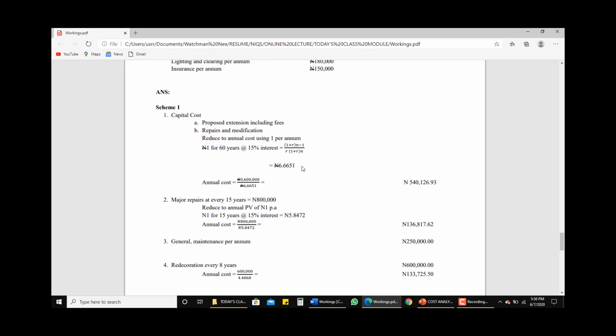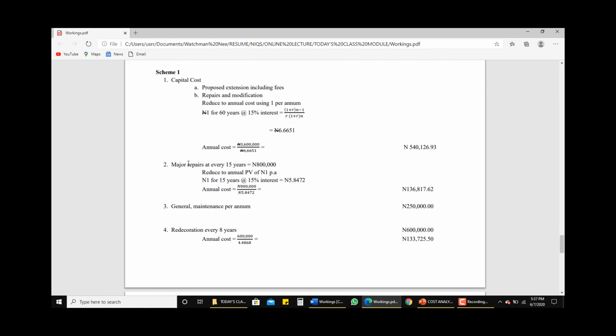Then you divide the 3.6 million naira by this figure to arrive at your annual cost. So we've been able to reduce the capital cost to annual cost, and the same thing is applicable to the other costs that are not actually annual costs.